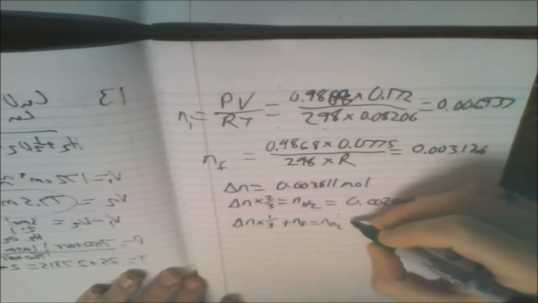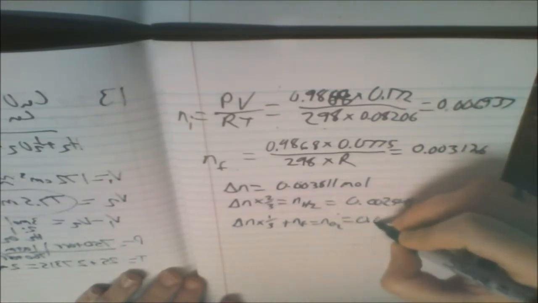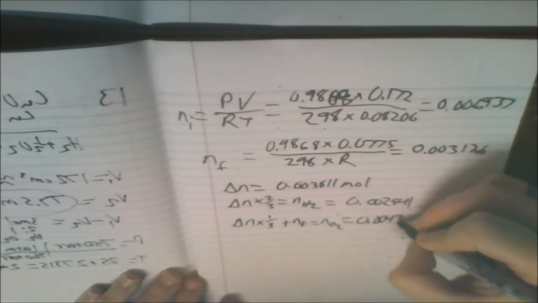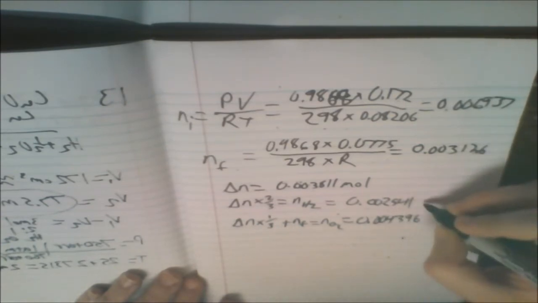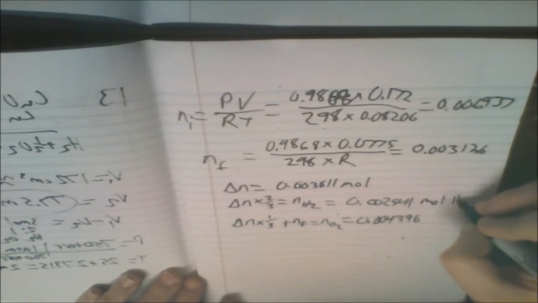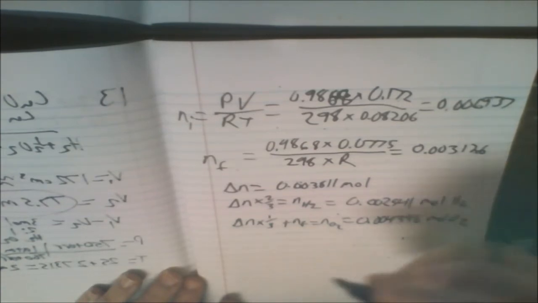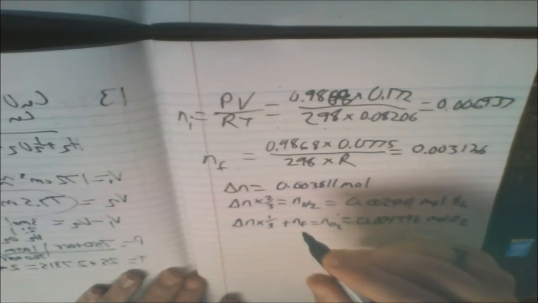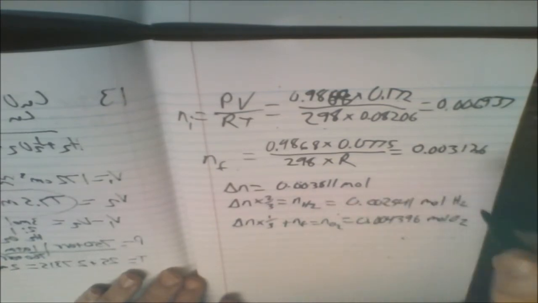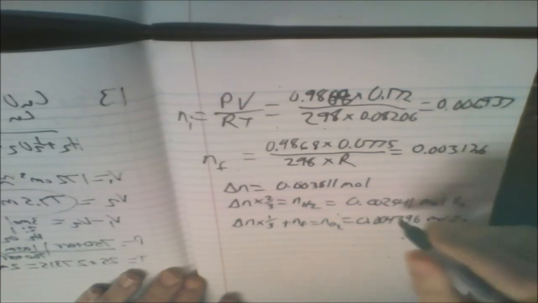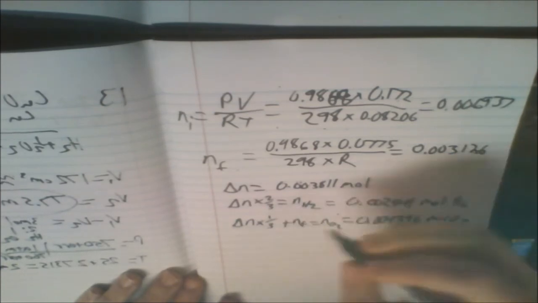0.002541. We figure out the moles of oxygen in our original mixture is 0.004396. So that's moles hydrogen, moles oxygen, and what percentage is each gas. So you're going to just take this value and divide it by the total.